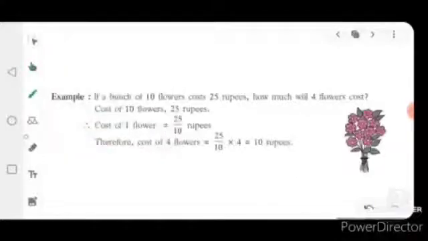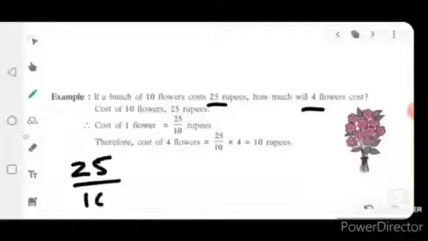So here, students, there are 10 flowers in one bunch, and the cost of those 10 flowers is 25 rupees. How much will 4 flowers cost? You will have to find the cost of 4 flowers. How can we solve this problem? First of all, 25 divided by 10.